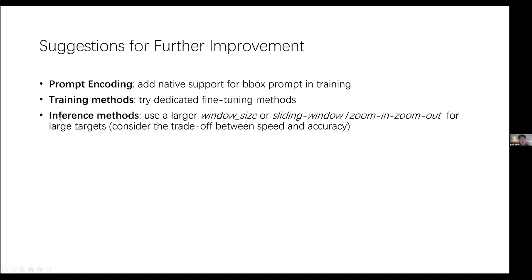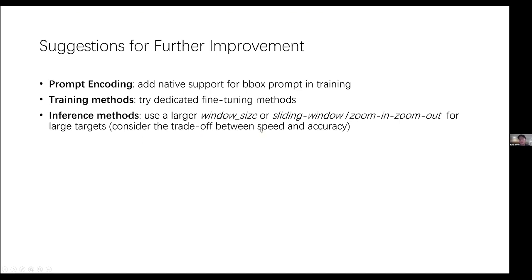The third suggestion is that for the inference method, we think you can use a larger window size to improve the receptive field of the model. The original window size of SAM-Med3D is 128 and is quite small for some large targets, although it's resampled.